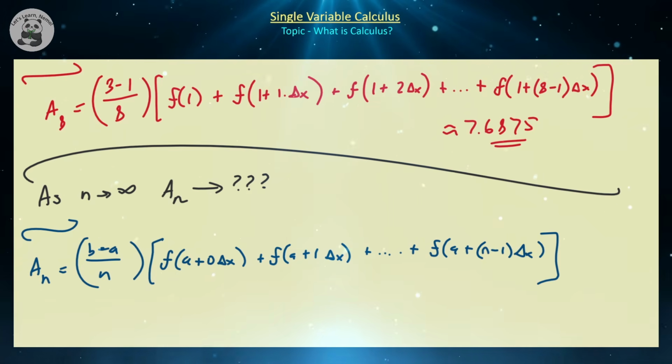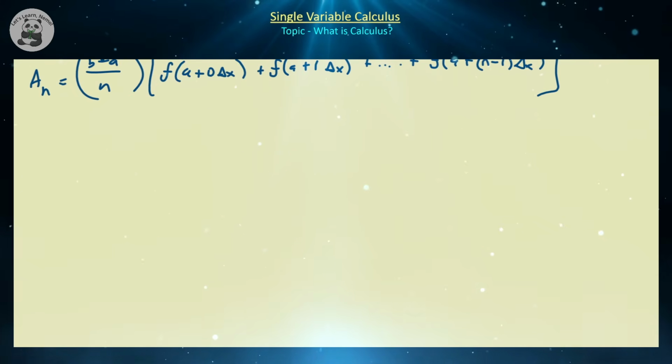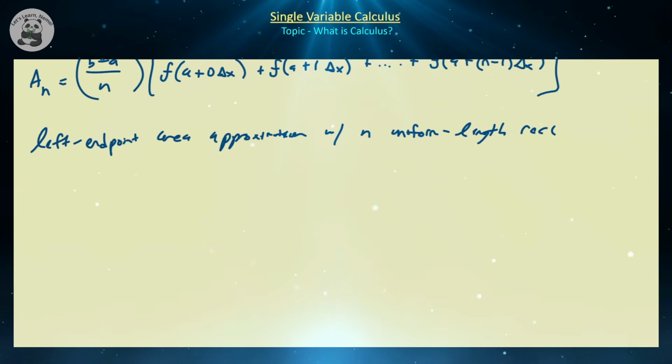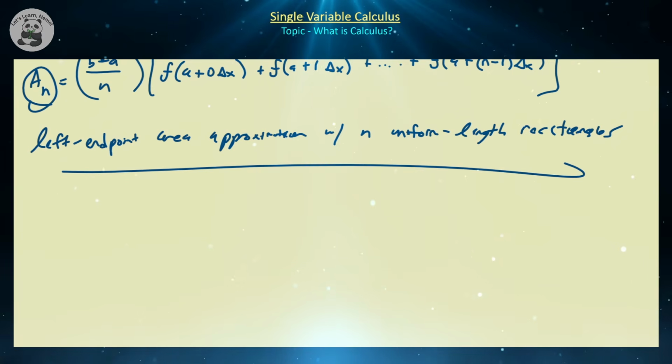So this is obviously the left endpoint approximation, right? So let's just write that down. A left endpoint area approximation with n uniform length rectangles. So that's what this A_n stands for, that long statement.